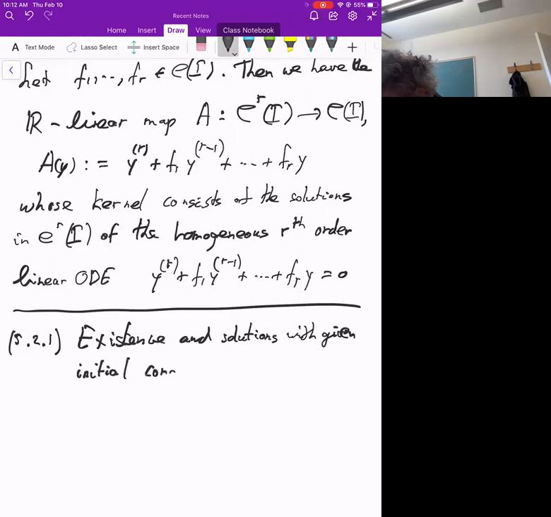Now, the nice thing about linear differential equations is that you really have this over the whole interval.